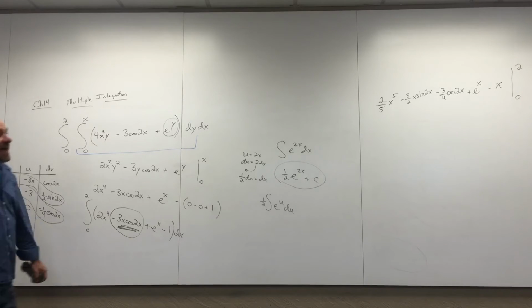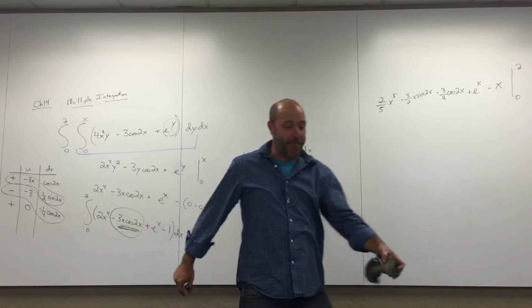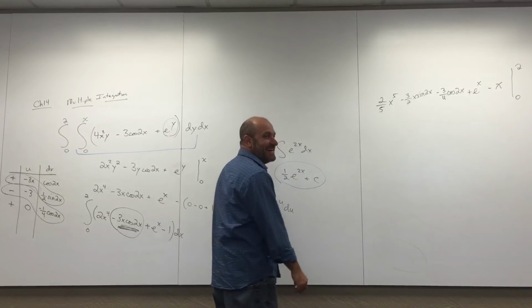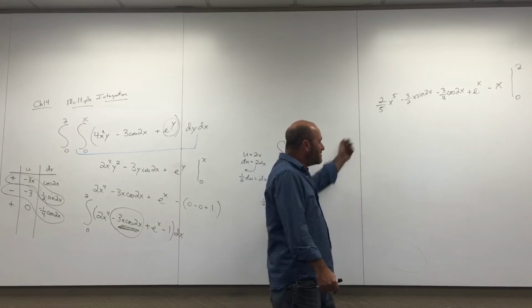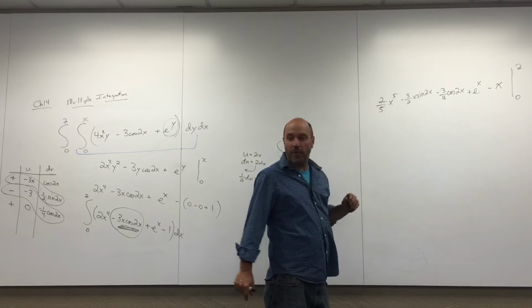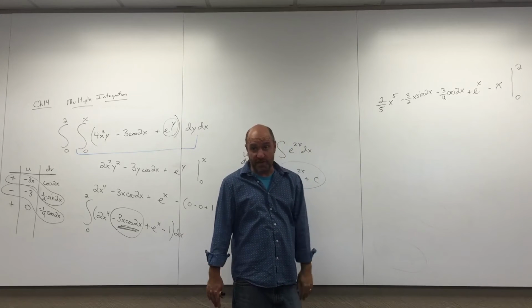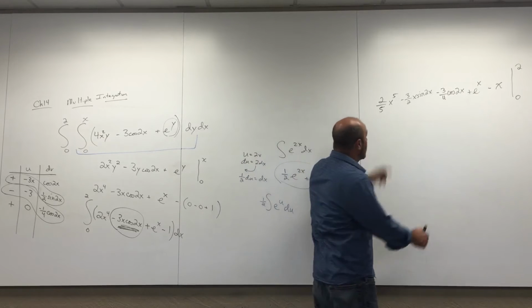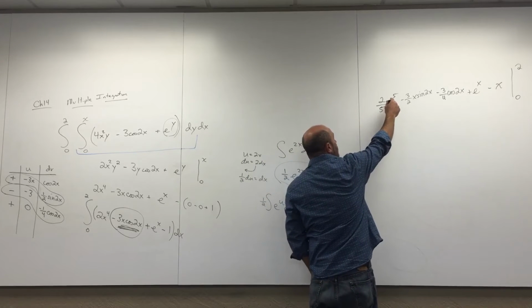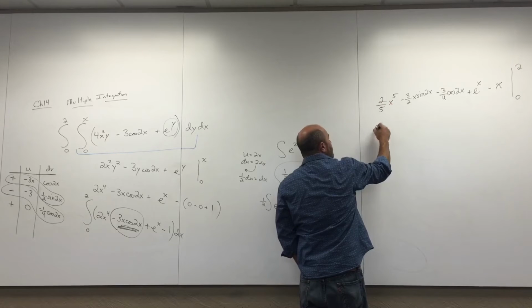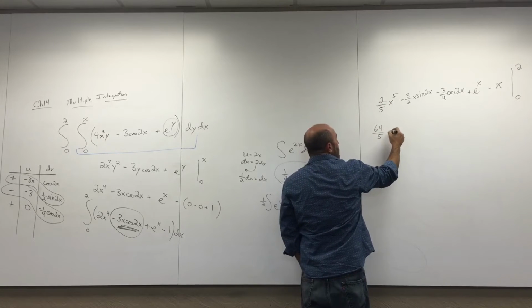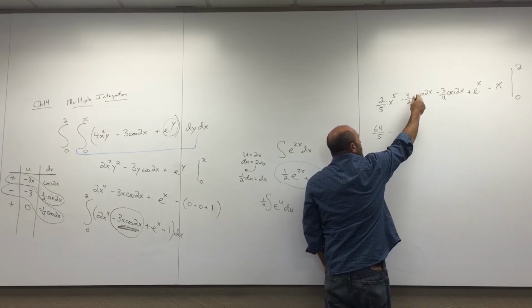All right, let's evaluate it from 0 to 2. This is going to be a little weird also. I'm plugging into 2, and it's 2 radians. There's no degrees up there. Anyway, let's work on this. If I plug in a 2, it's 32 times 2. That's 64/5. The 2 is going to cancel.